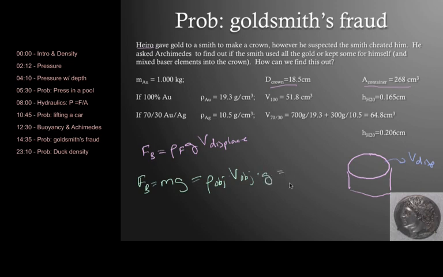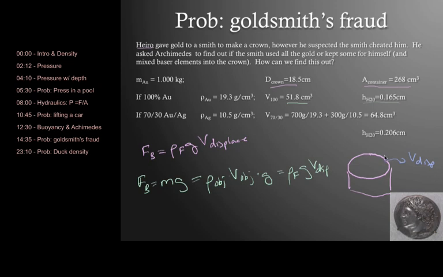And then this should be equal to rho of the fluid times g times V that's displaced. So that means that this volume that's displaced, if it were 100% gold, would be 52 centimeters cubed. And this would mean that the water would rise this far, basically.